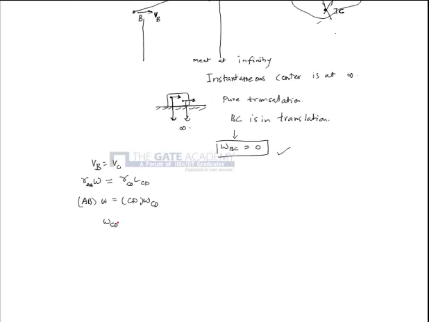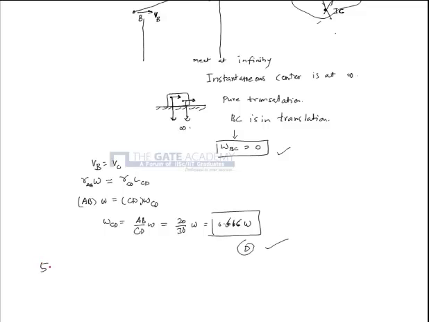And so omega CD is basically AB by CD into omega. AB is 20 by 30 into omega, which is 0.666 into omega. So this is basically 0.666 into omega is the omega CD. So the answer for 52 would be D.